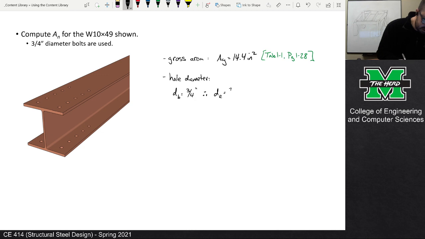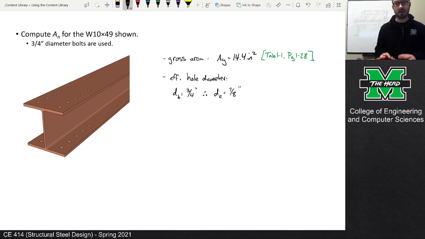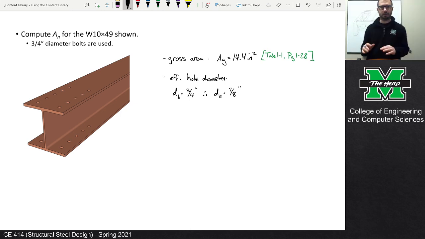Maybe I should have moved that over and said, effective hole diameter. This is the first year I've actually used that term, effective hole diameter. I used to just say hole diameter, but I actually think this is clearer, especially now that we're doing the class online. I think it's so important that we ensure that we're referencing things clearly.